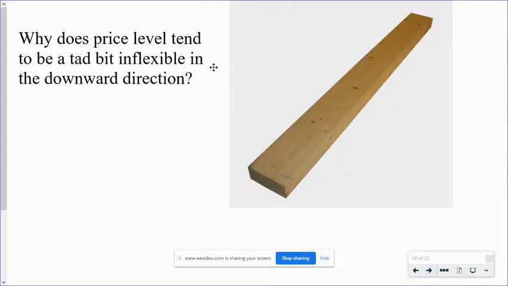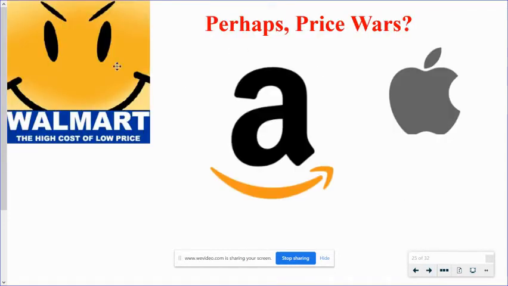So let's just think about what goes on in our world today, and let's think about, well, hey, why exactly, and this is often what is referred to in Keynesian theory as sticky wages, why do price levels tend to be a tad bit inflexible in the downward direction especially? Could it be price wars? Ladies and gentlemen, when I think about large companies competing for your business, whether it's someone like Walmart and Amazon, or you think of Southwest, United, and the airline industries, at some point, maybe they recognize how disastrous a price war is as prices are going down to their profits.